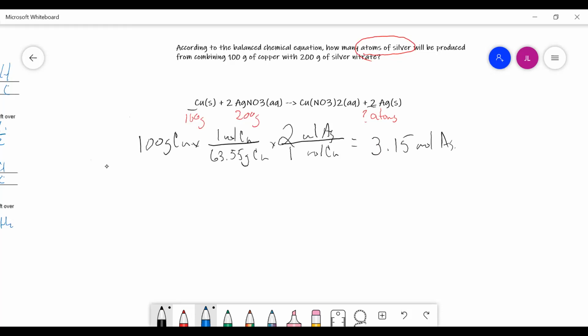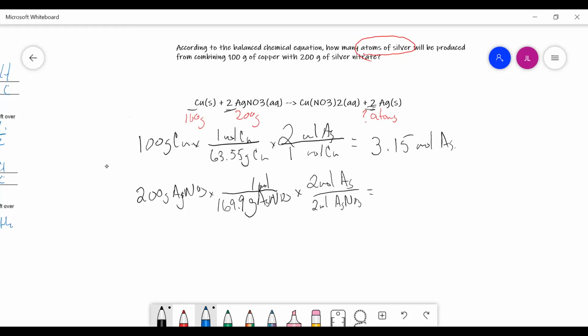So now let's focus on the silver nitrate. We have 200 grams of silver nitrate. Again, we use molar mass to convert to moles, and in this case it's 169.9 grams per mole. And we have a 2 to 2 molar ratio: 2 moles of silver for 2 moles of silver nitrate.